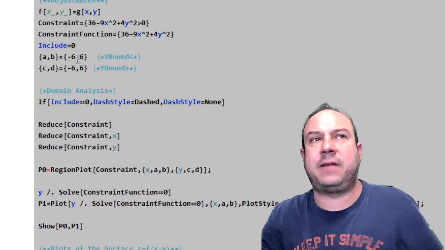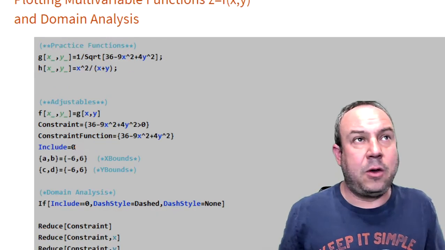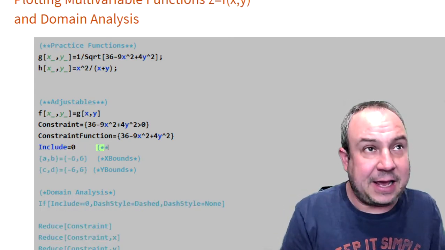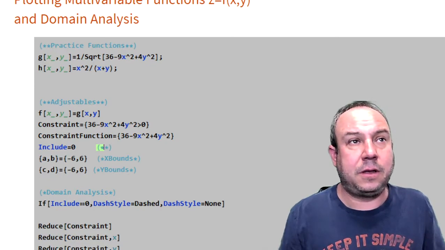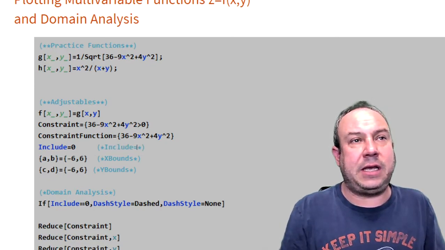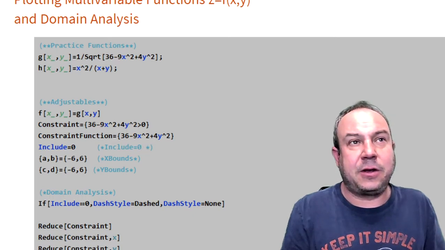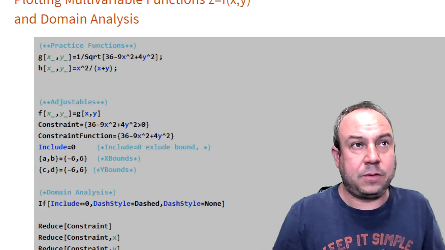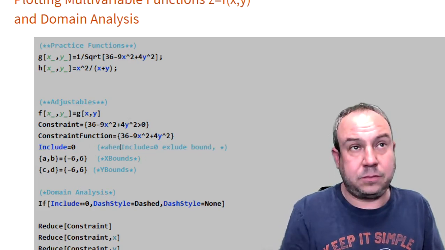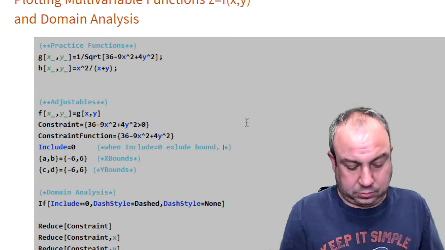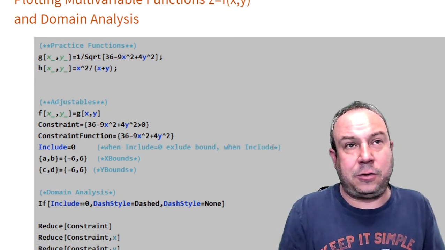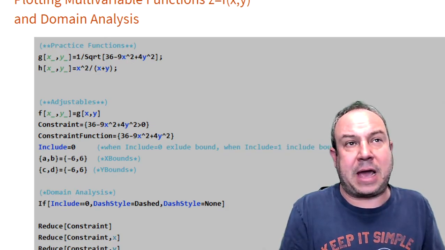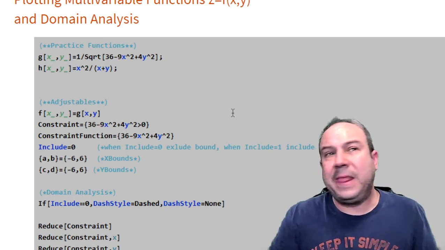And 0 is going to stand for, we might put in a bit of documentation here and say when include equals 0, you're going to exclude bound. And then certainly when include equals 1, you're going to include bound.